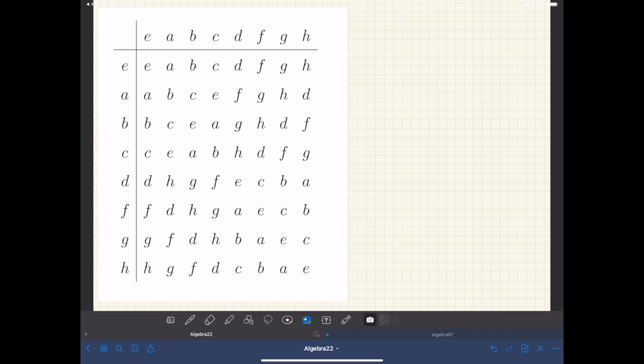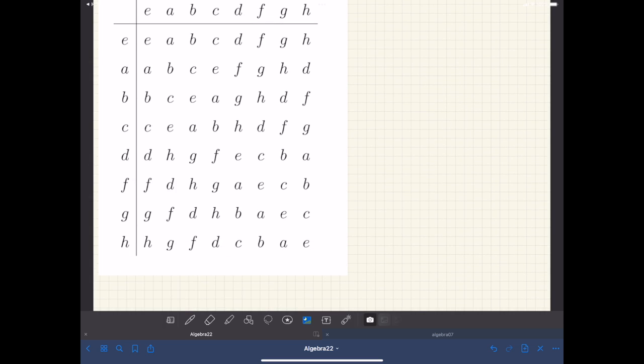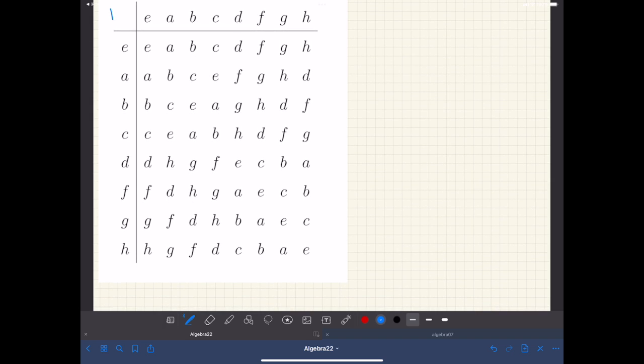Okay, now consider this group. This is called the dihedral group of order 8. It's named D4 for short. Actually, not order 4, it's order 8.